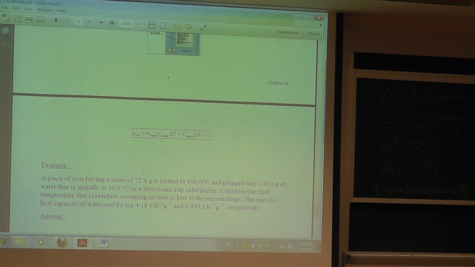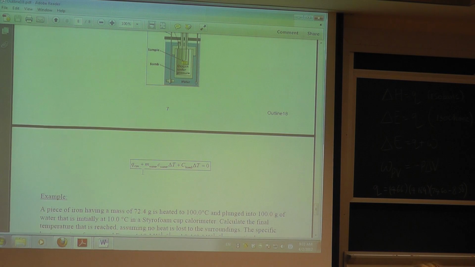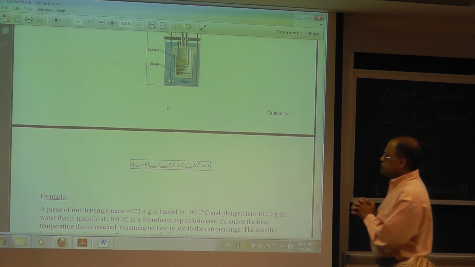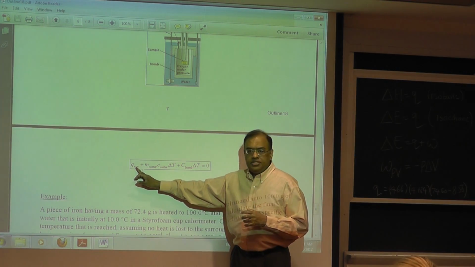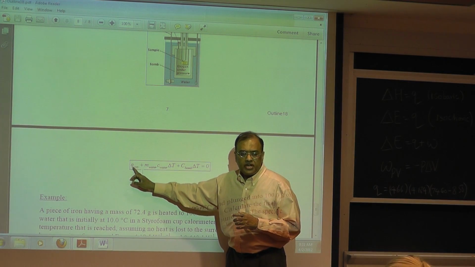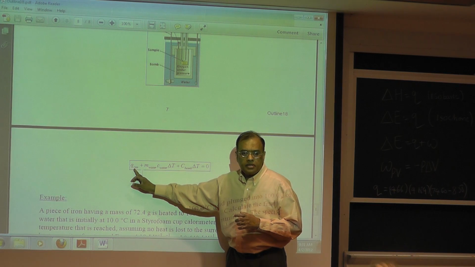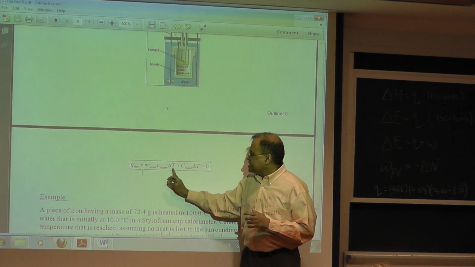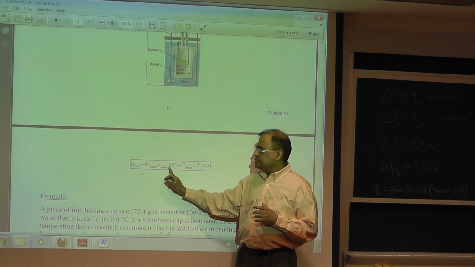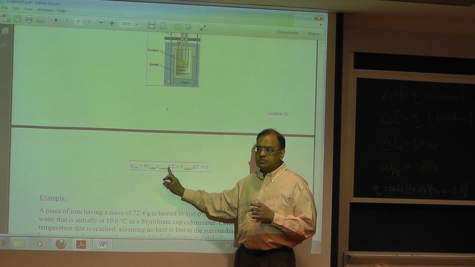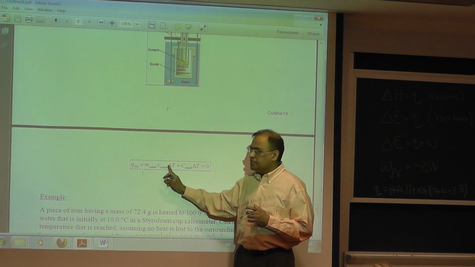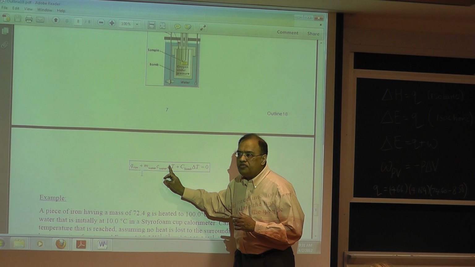Okay, so here is the equation that we want to use here. The heat of the reaction, this is what we're trying to measure, plus, what is this quantity here? That's the Q of the water.